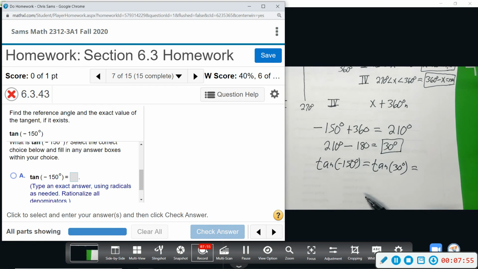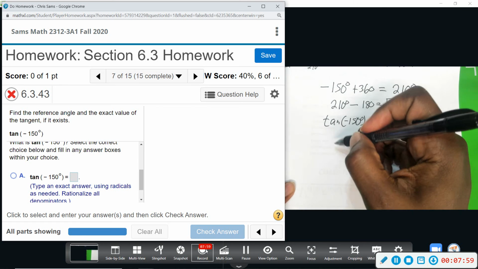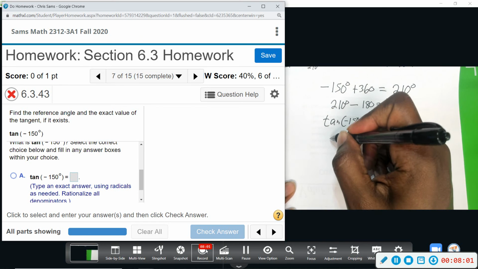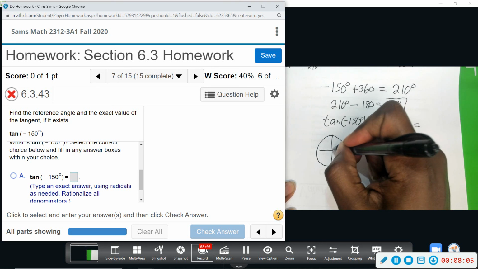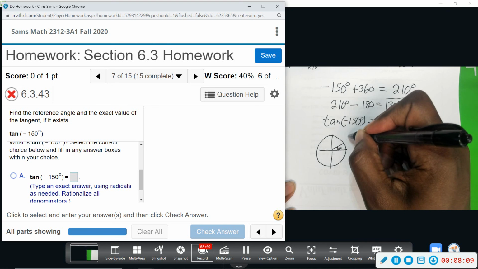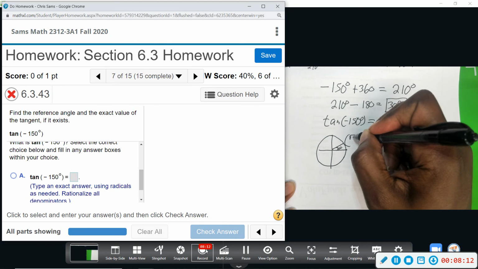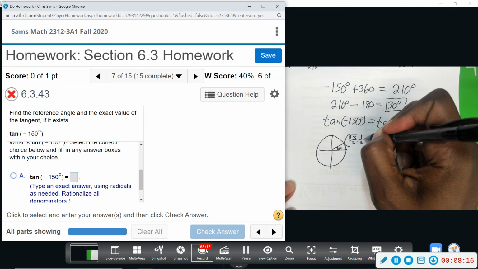All right. So from the unit circle, this is what we're getting. Over here is 30. This is that 30-degree angle.